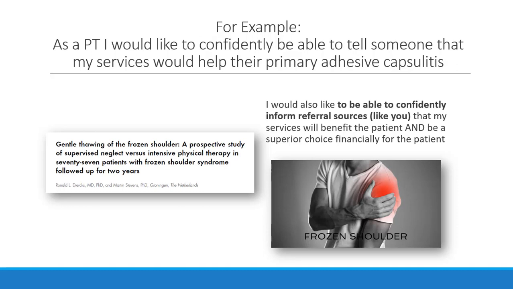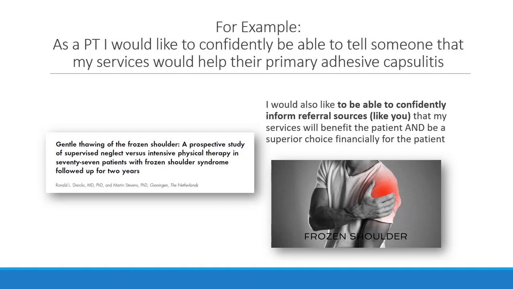I'm going to highlight this article, and this is going to be part of your discussion for this week. As a physical therapist, I can treat patients, or I have treated patients with primary adhesive capsulitis. And through my career, I have treated patients differently: early in my career, there was a strategy that we used, and then later in my career, there's a different strategy.